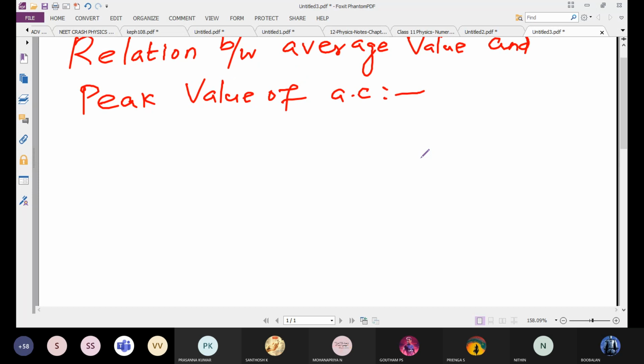So for this one, no need derivation, we go directly for the formula. Listen everyone. The average value of AC, means alternating current, over the first half cycle, not complete cycle, first half cycle.